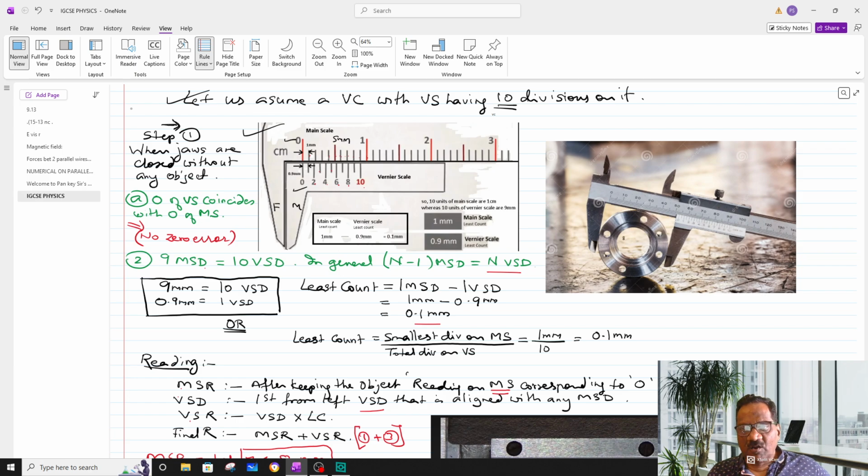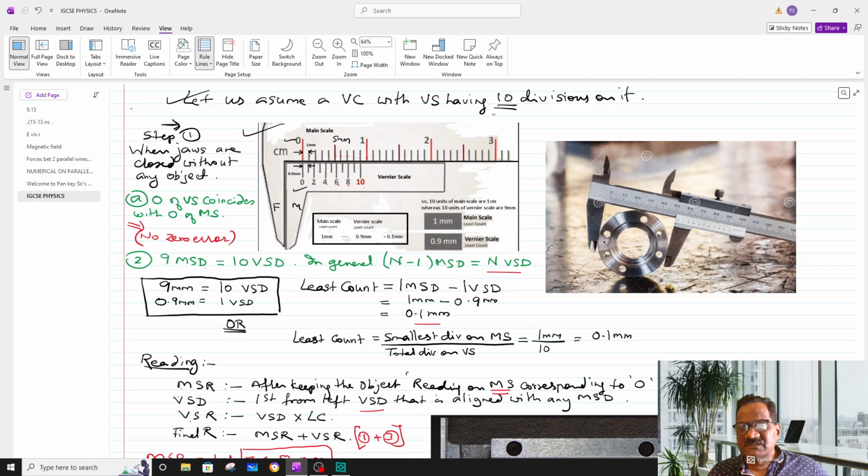Now this ring also has an internal diameter, but to find the internal diameter, you will have to place this same ring over here, between these two jaws, because these two jaws are meant for finding the inner diameter. Right now in this diagram, the ring is placed in the lower jaws, and lower jaws are nothing but external jaws. So it will measure the external diameter.